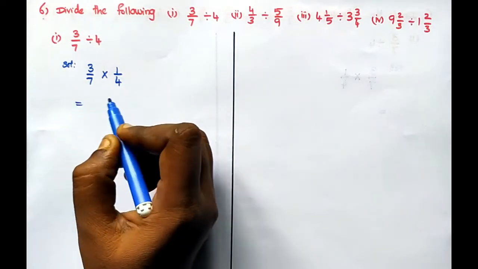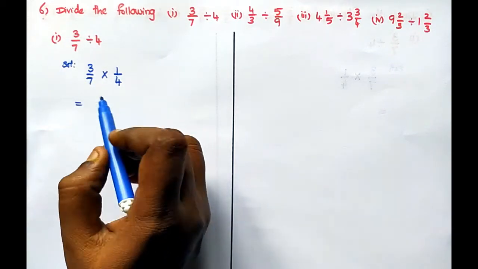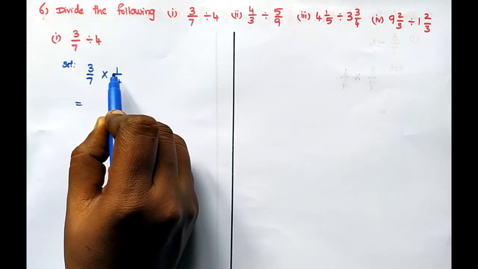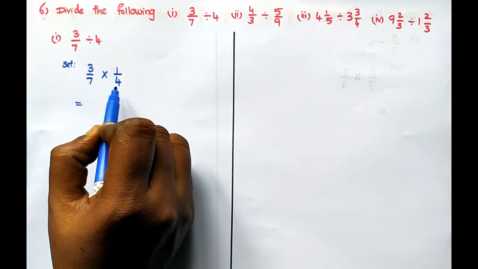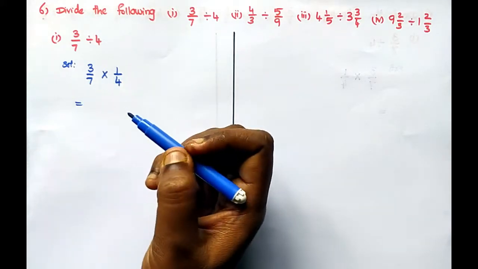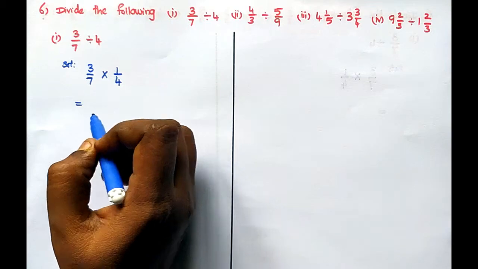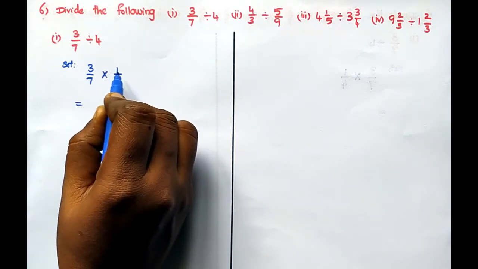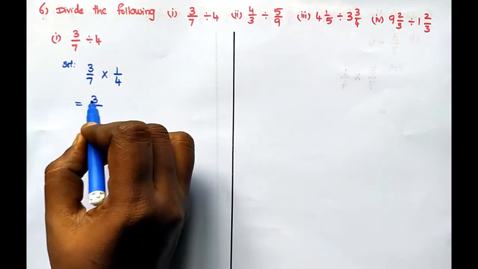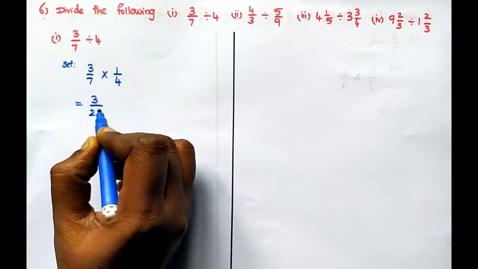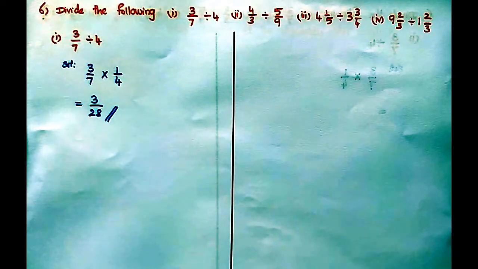Now any cancellation, cancel the numbers, otherwise multiply numerator with numerator and denominator with denominator. So 3, 4, 7, 1, no cancellation is there. So multiply the numerator with numerator. 3 into 1 is 3, divided by 7 4s are 28. So 3 by 28 is the answer here.